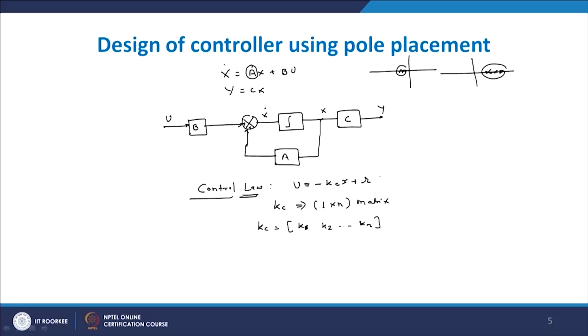Now we have to use this control law in the equation x dot equals Ax plus Bu. If you replace u with this in this particular equation, we get x dot equals Ax plus B times minus Kc x plus r.